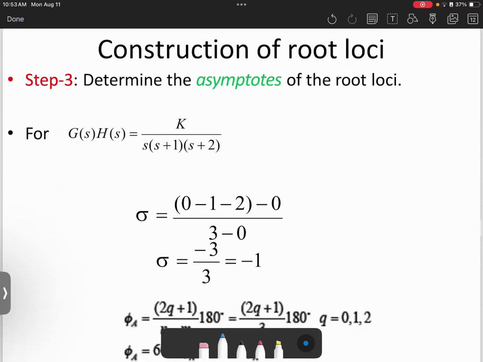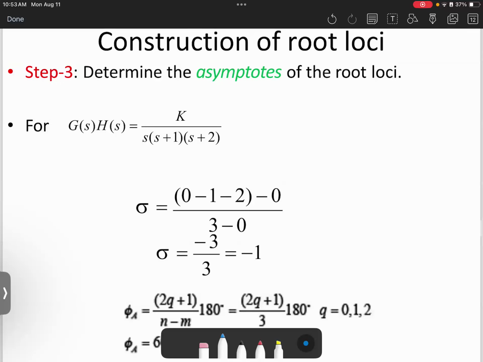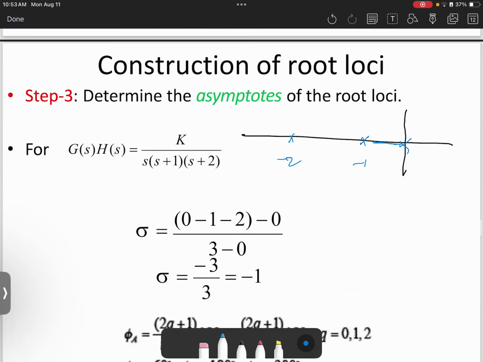Let's look at this example. Let me draw and see how the root locus looks. We have one pole at 0, one pole at -1, and another pole at -2. So I would say the behavior is that this is a locus segment, and the other one goes toward infinity.